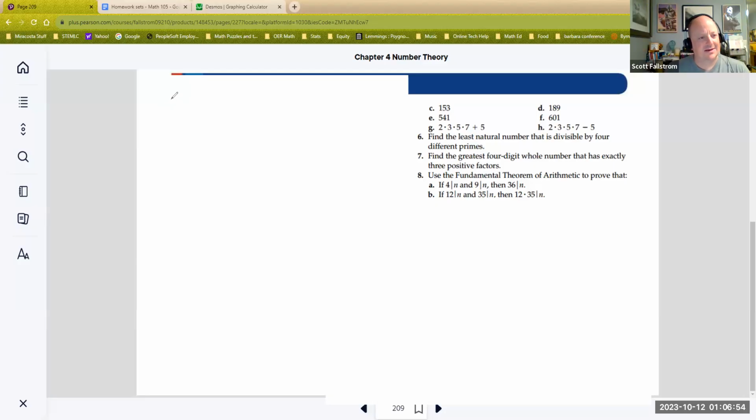So if someone had the number 36 and you factored it as 4 times 9 and then 2 times 2 and 3 times 3, or if I did this as 12 times 3, I could still break this down and end up with a prime factorization of 2 squared times 3 squared.